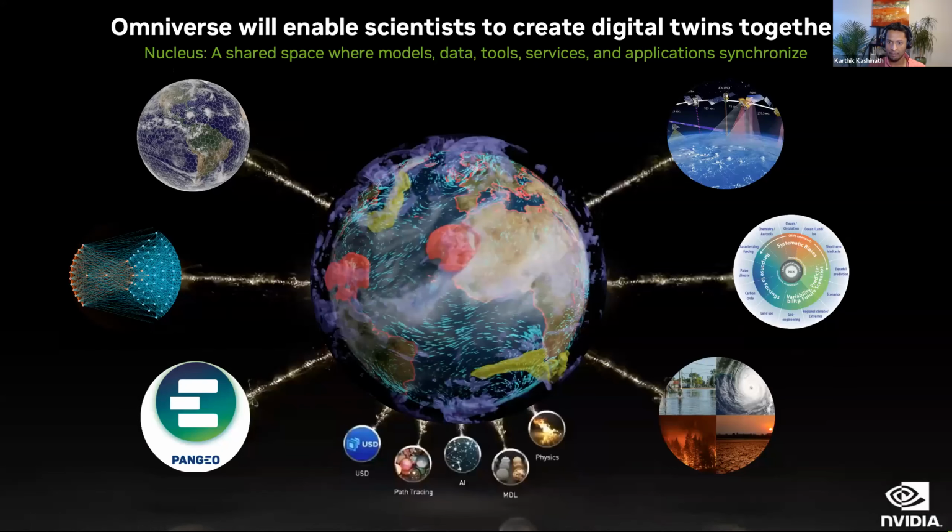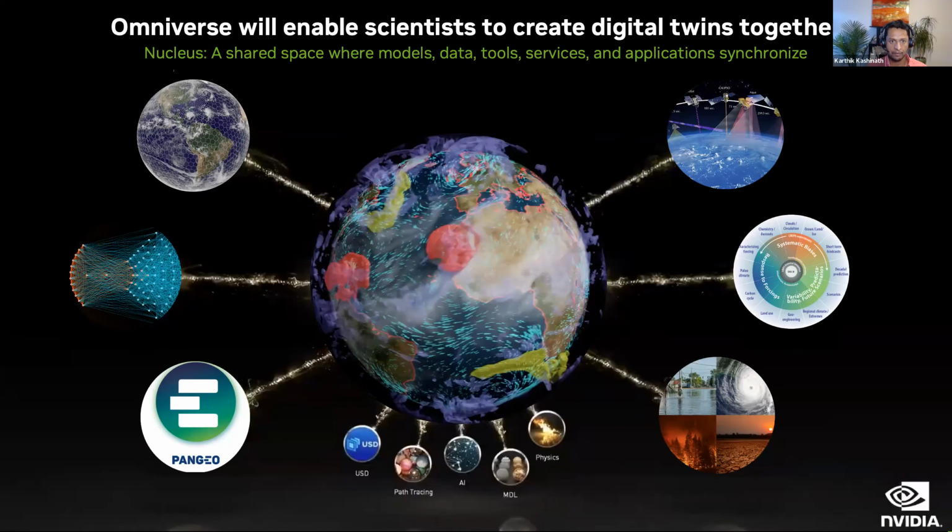The second is Omniverse, which I also briefly mentioned at the start, which is a platform that allows scientists and various other experts to collaborate together on building digital twins. And this is already being done for various other technologies like automated vehicles and designing engineering systems and so on.